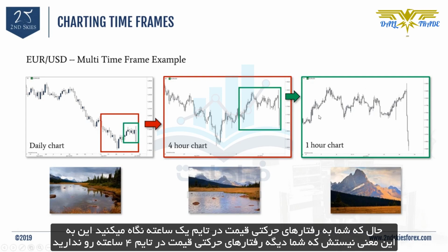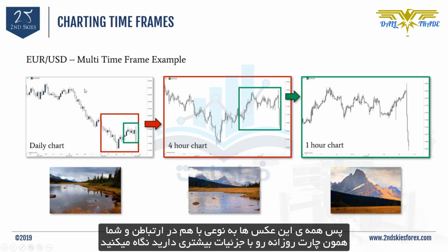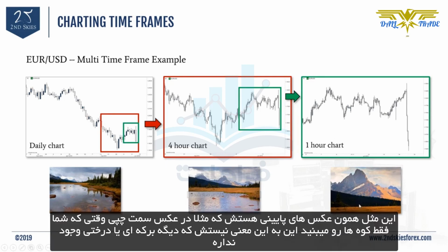But just because you only see this price action in this chart doesn't mean the context to the left does not exist. They coexist. You're simply looking at the context to the left in the daily chart with greater magnification. So exactly the same as in the pictures. We're looking at this mountain here. That doesn't mean that there isn't a lake and that these trees on the right side aren't there, right?